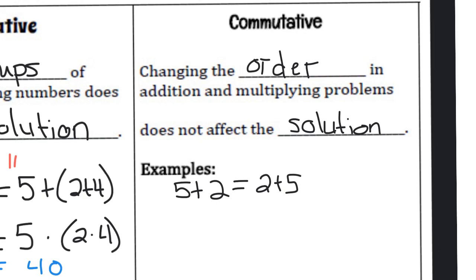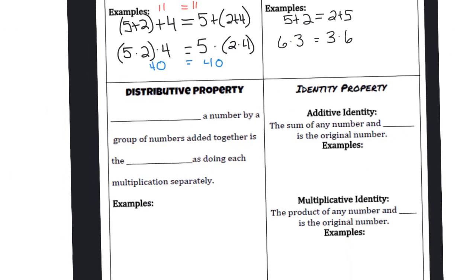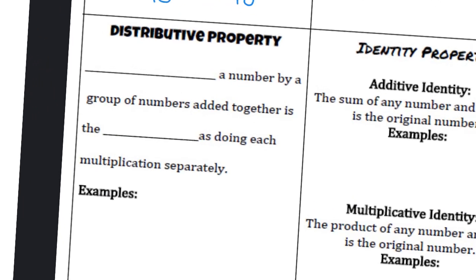Another example, because it's also multiplying, you could say 6 times 3 is the same as 3 times 6, because they would both equal 18. So that's what the commutative property means, is that I can move things around and add them in different orders as long as it's the same operation. Okay, now let's move on down to the distributive property.